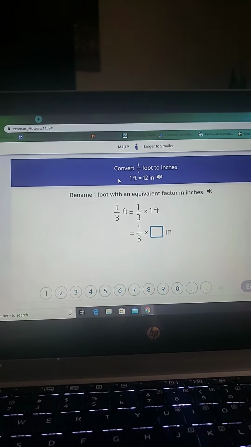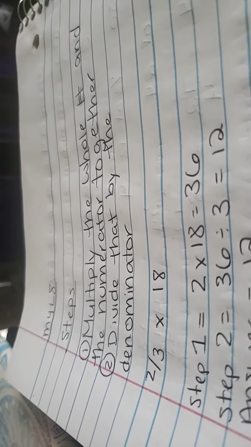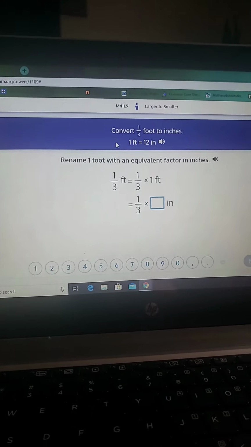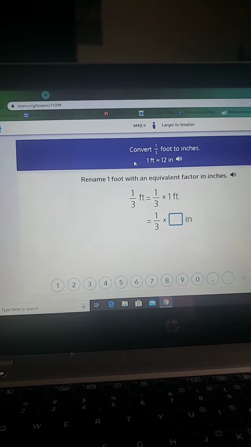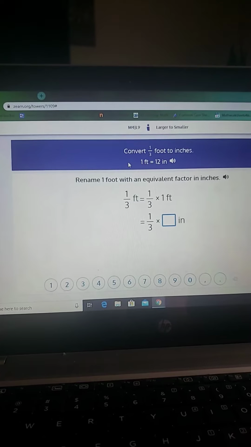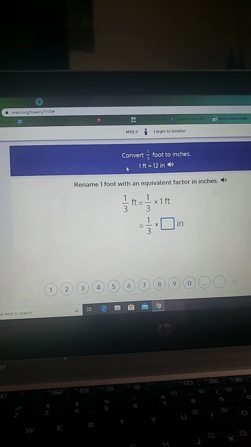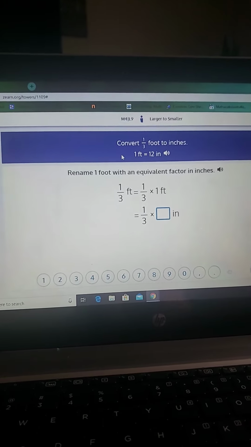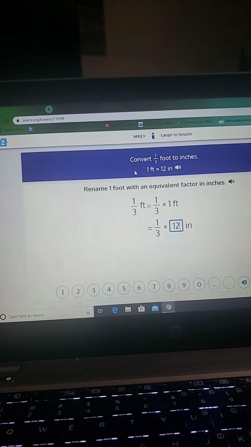So remember that our steps to success were multiply the whole number and numerator together, and then divide that by the denominator. So we want to find how many inches is equal to 1/3 of a foot. So rename 1 foot with an equivalent factor in inches. So 1/3 times blank inches. Well, we know that there's 12 inches in a foot because that's what it says up there, and common sense.